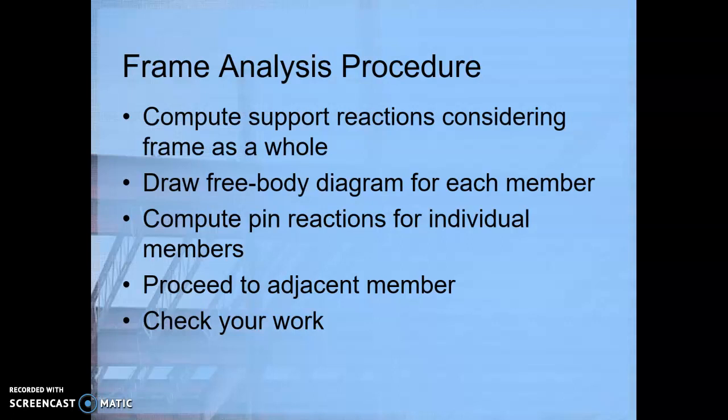So because a frame can carry bending stresses in its members, we are not going to be looking at the loads or stresses in the members themselves. That type of analysis is a little more complicated than this class will allow. It's beyond the scope of this class.